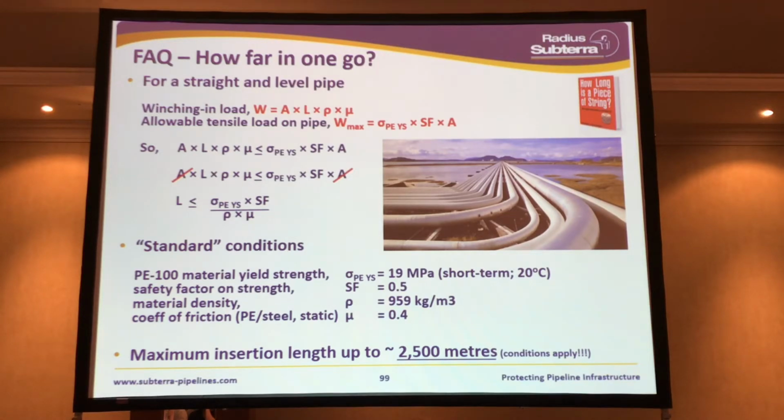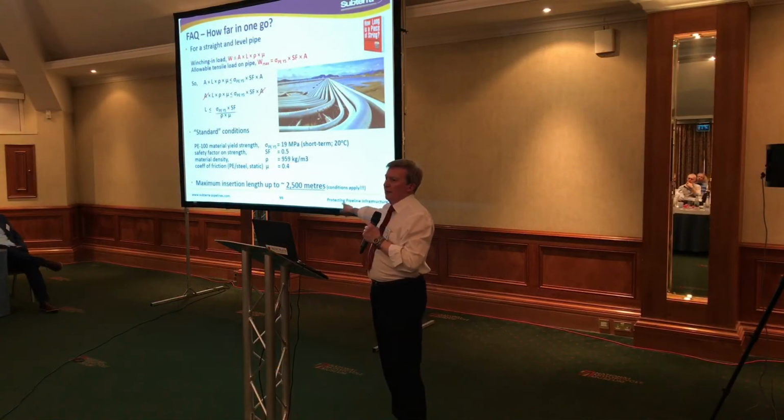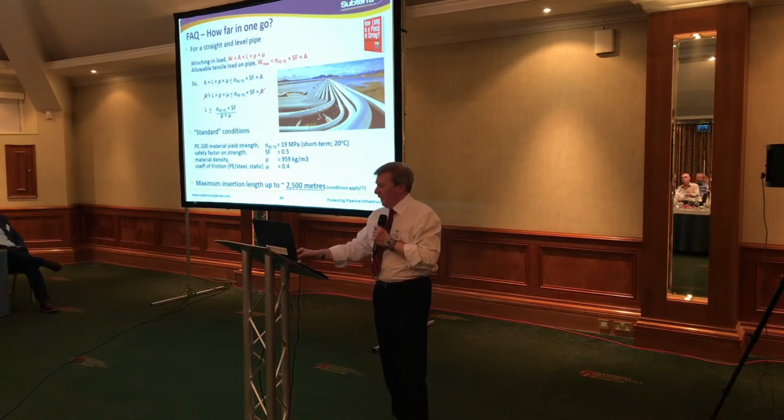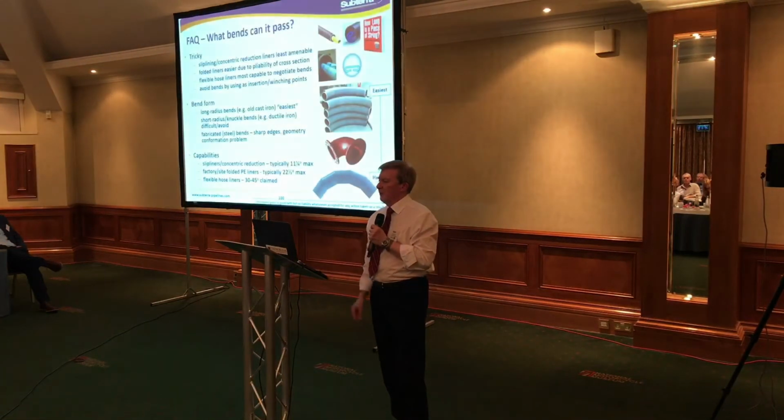Well, is that a surprise? But notice that area doesn't form part of that. And if you plug in the standard values at the bottom there, you end up with a predicted length of the order of 2.5 kilometres. And I think that's probably what we've seen before.